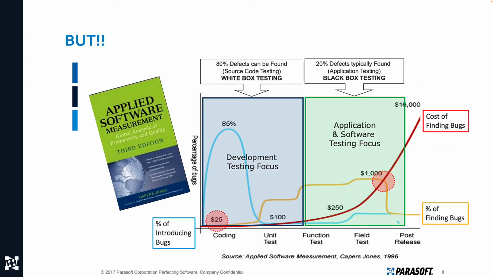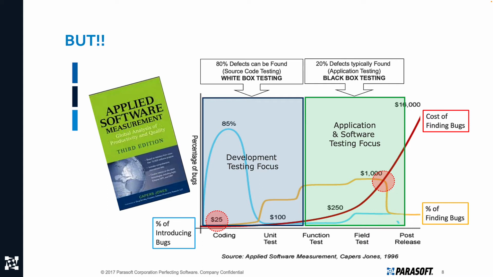But as you can see in this model, 80% of the bugs can be found in the white box testing phase, inside the source code, in development testing. Only 20% are found in the black box testing phase, in the functional test phase or performance test phase.